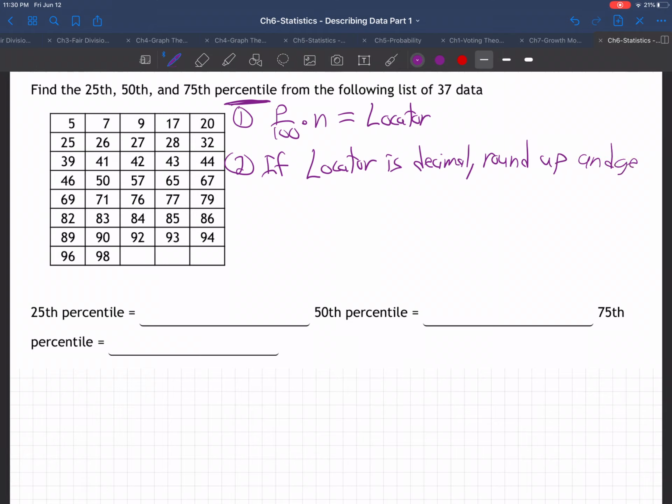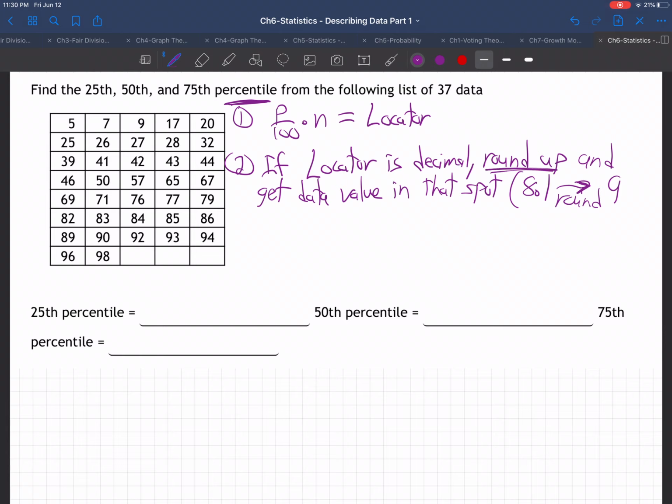and get the data value in that spot. So for example, if you got 8.1, you would round it to 9. Even a number like 0.1, when we say round up, we mean up, not round to the nearest.